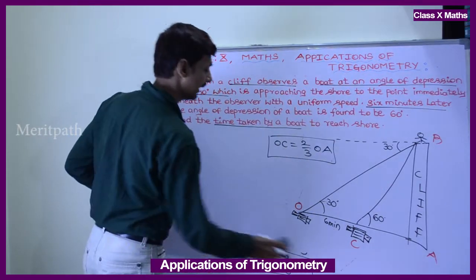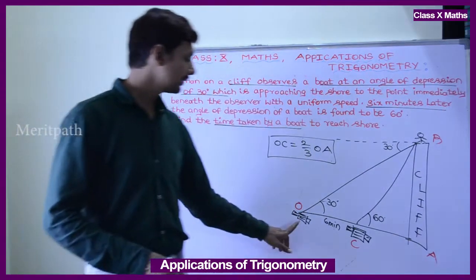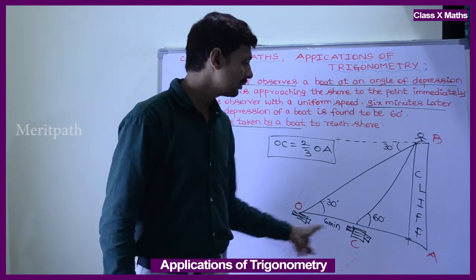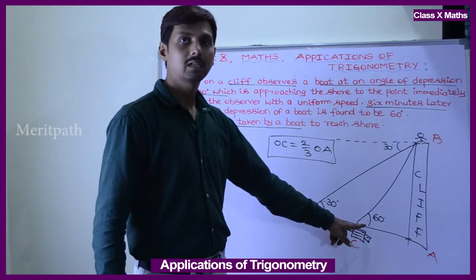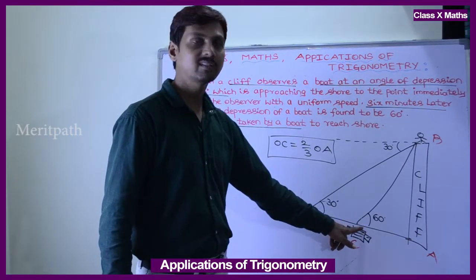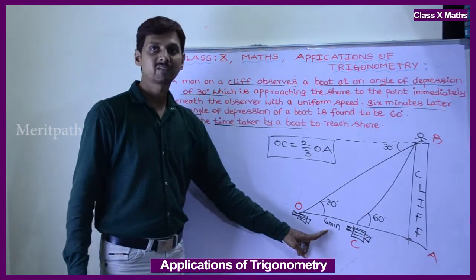Let us keep this aside, and now let us understand that the boat travels from here to here, and when it makes a 30 degree angle, after 6 minutes it changes to 60 degrees, so it takes 6 minutes to travel.